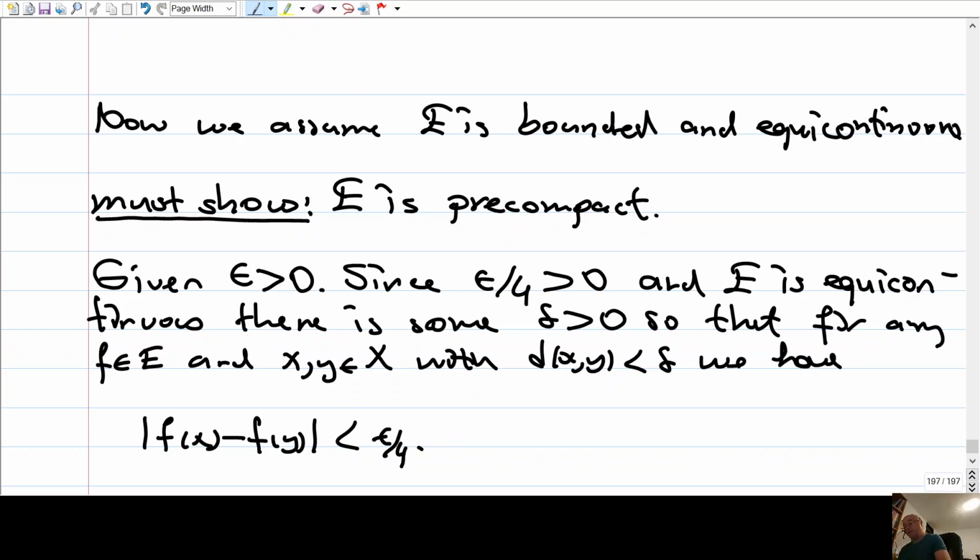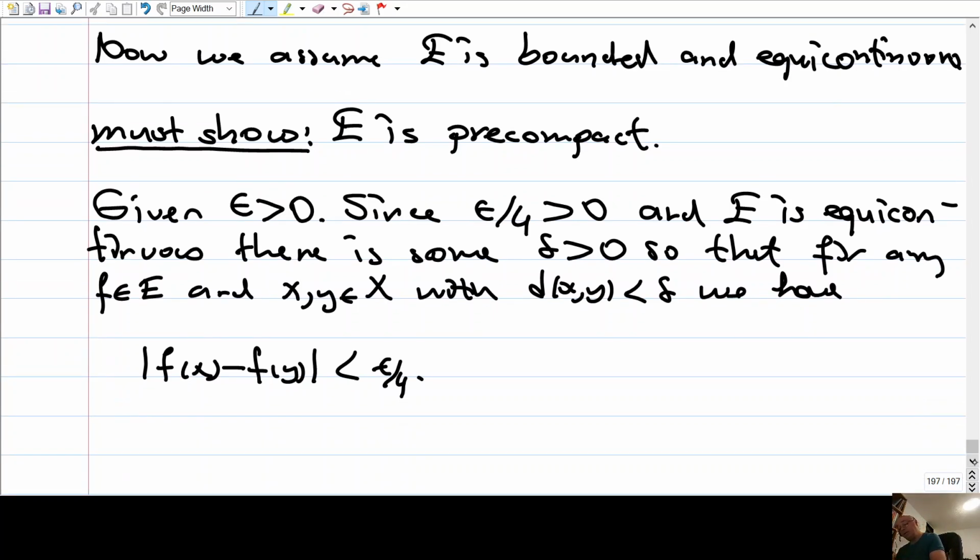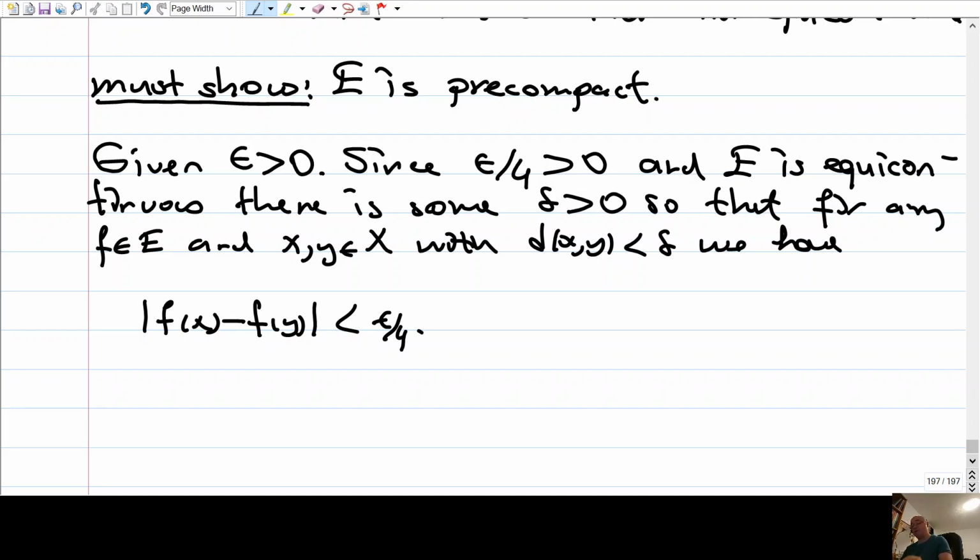Whenever x and y are delta close to each other, then this is less than epsilon over 4. This is true for all f. So we have a delta which works for all of them, for all the functions.